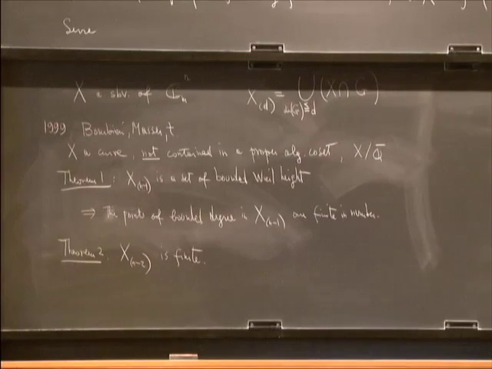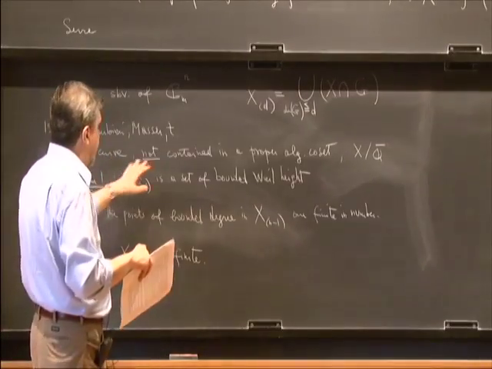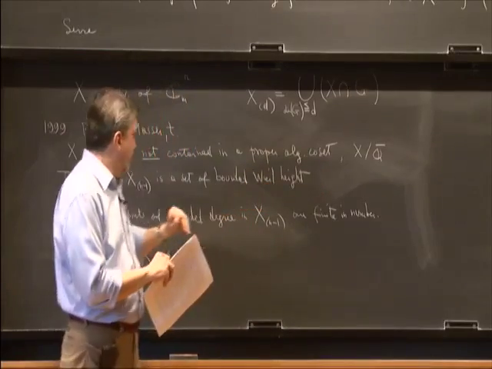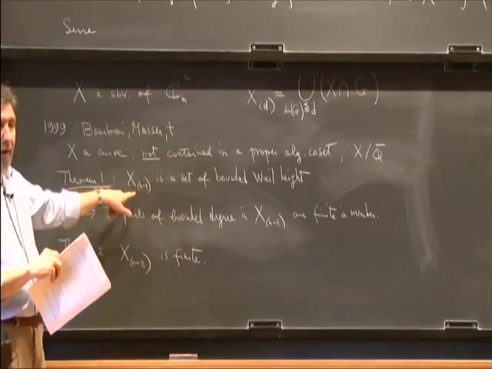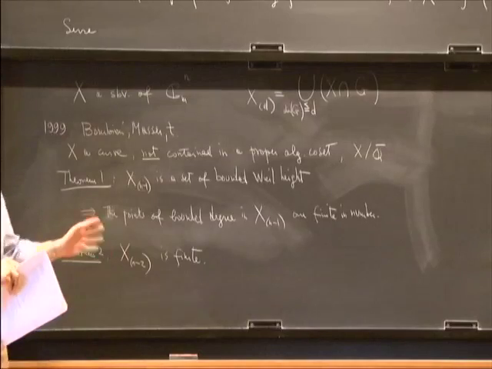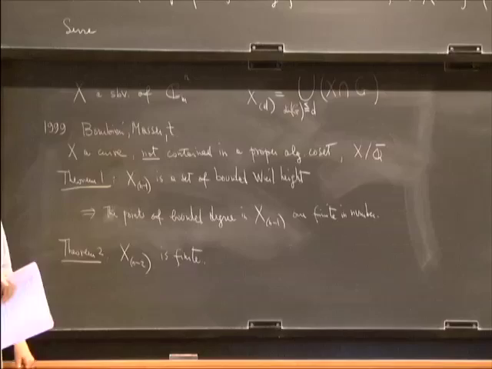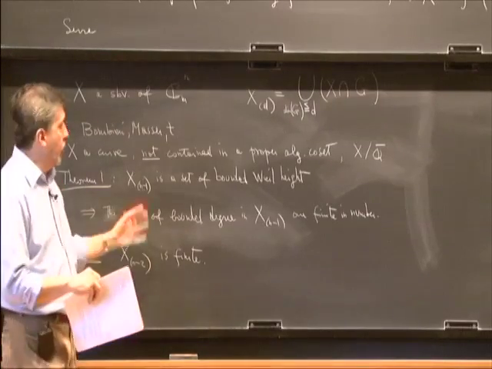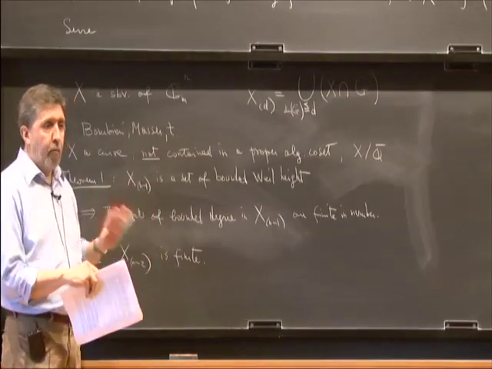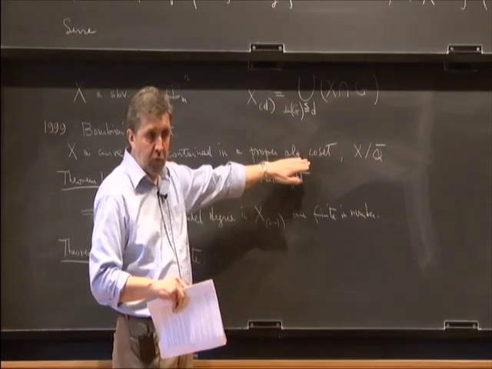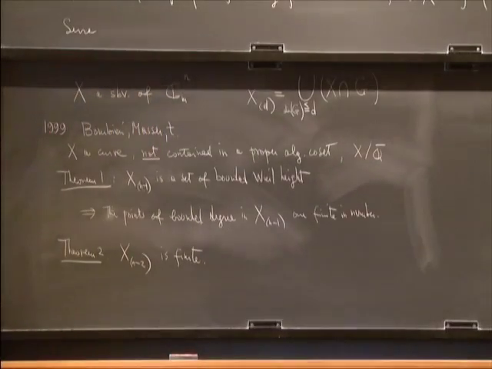And I shall discuss later, if time remains, this assumption of being not contained in a proper algebraic coset, which is necessary for theorem 1, but it was not clear that it was also necessary for theorem 2. And so for theorem 2, what is clear is that we have to assume that X is not contained in a proper torsion coset, which is an apparently small point, but in fact it leads to substantial difference.